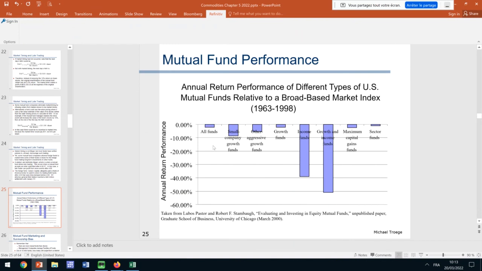What is 1.5% a year? It's almost exactly the fund management fee. So it seems that on average, what the funds are doing is just putting your money in the market, and they are getting paid for basically doing nothing.